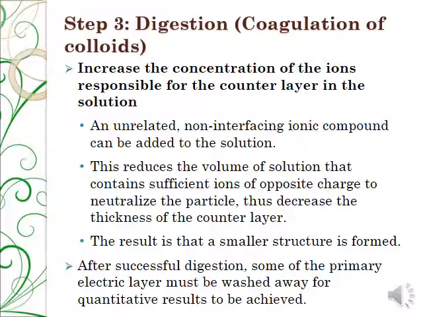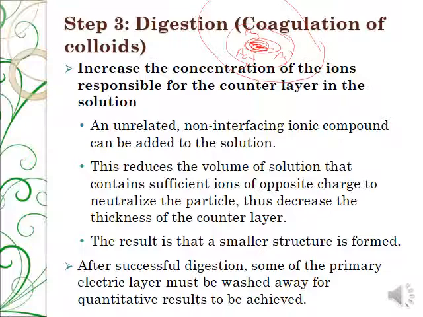The next one is to increase the concentration of the ions responsible for the counter layer in the solution. Counter layer means the secondary layer. Just now we have the precipitate here, right, in the bulb. So let's say this is the precipitate, and this is the primary layer composed of the silver ions, and we have the secondary layer, or the counter layer.